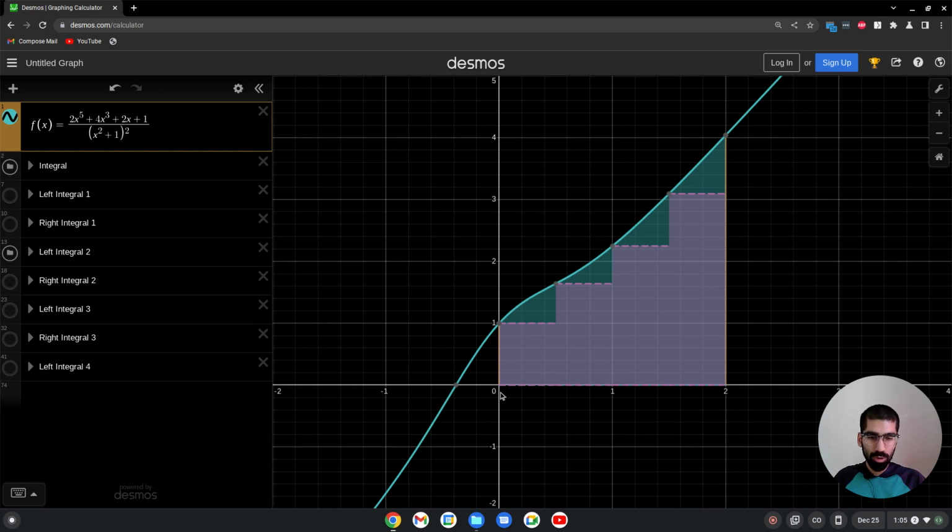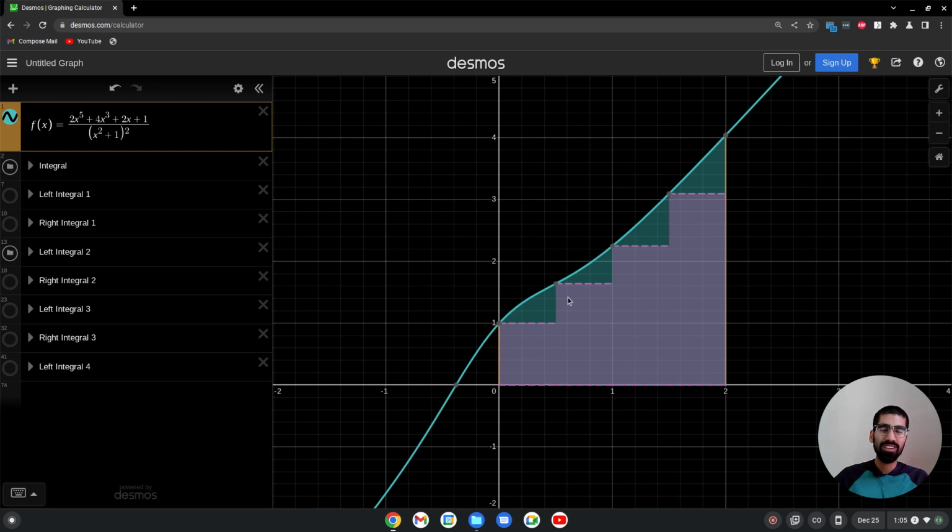So we could simply go, okay, each of these is half a unit wide, and this one's 1 unit tall, and then 1.64 units tall, 2.25 units tall, and then 3.095 units tall, whatever.